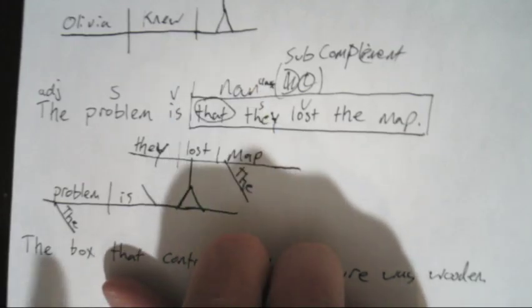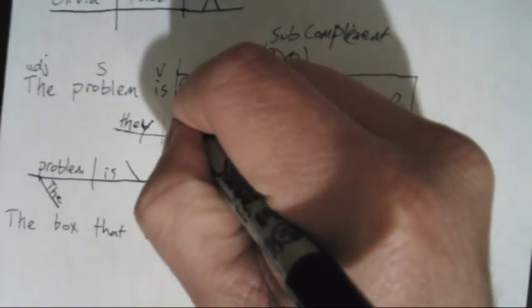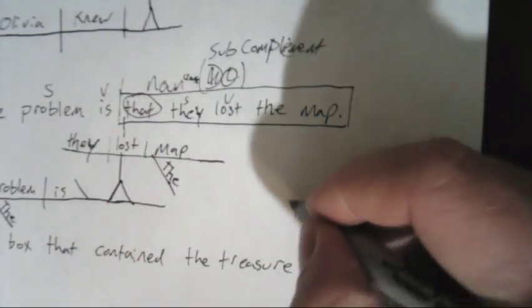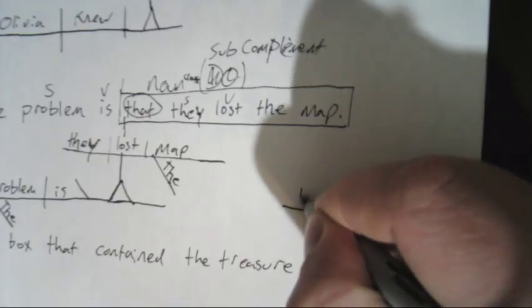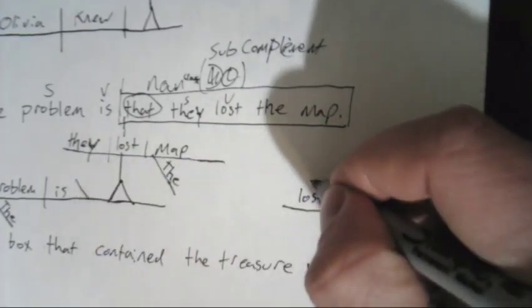Problem is, but somebody went ahead and wrote that into this sentence. So, how do we diagram it? Well, we're going to do this. Dotted line. You know what? Pretend that this lost is up here.